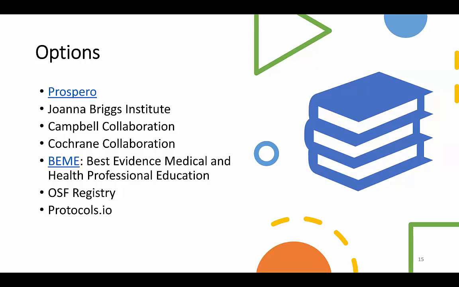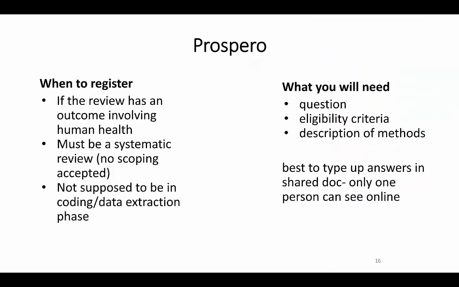However, right now, the way they have their website set up, I think you can't see it unless you're a member. That's unfortunate because it's a really nice place to go and look. So, a few things about Prospero. They only accept systematic reviews and only those that have some human health component.